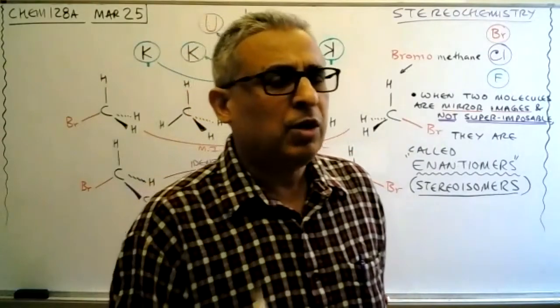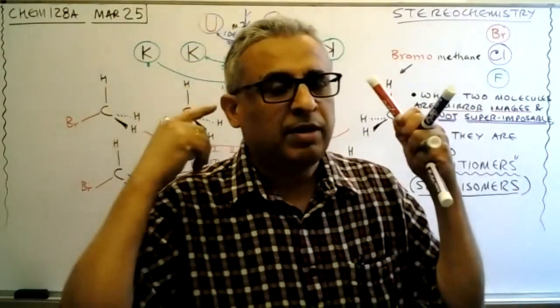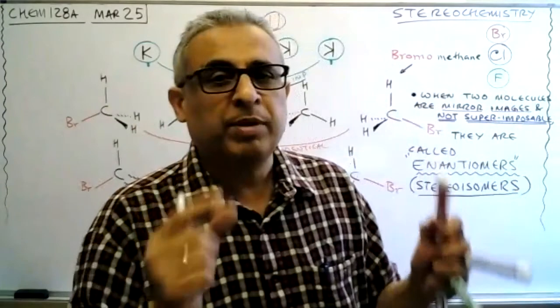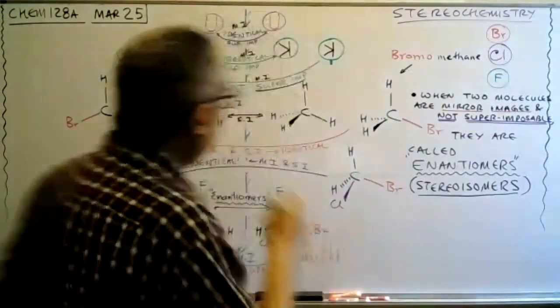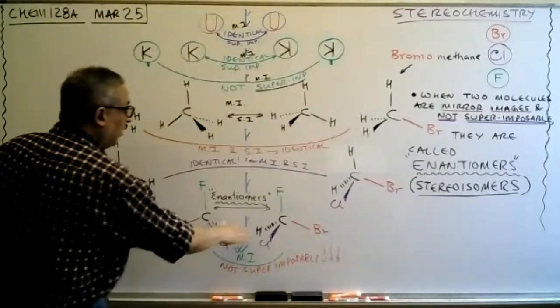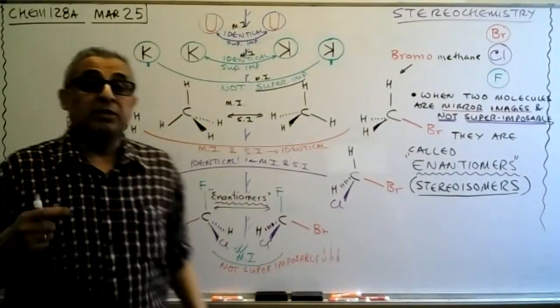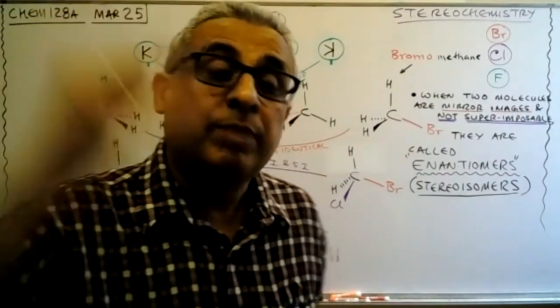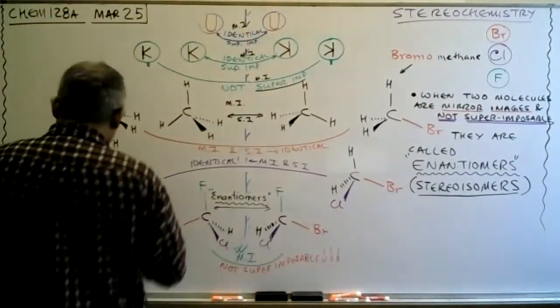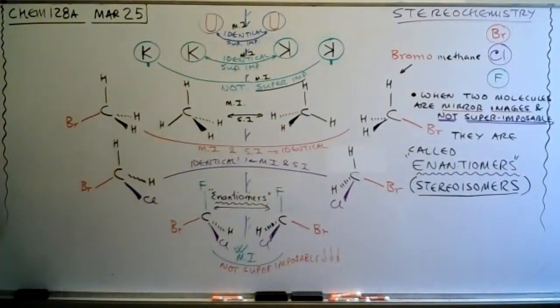Take it with a pinch of salt because, of course, my left ear and right ear are not perfect mirror images, but let's assume that they are. When they're perfect mirror images and not superimposable, the relationship is called enantiomers. It's under stereoisomer. Make sense? I'll pause for like 15 seconds to make sure that it sinks.